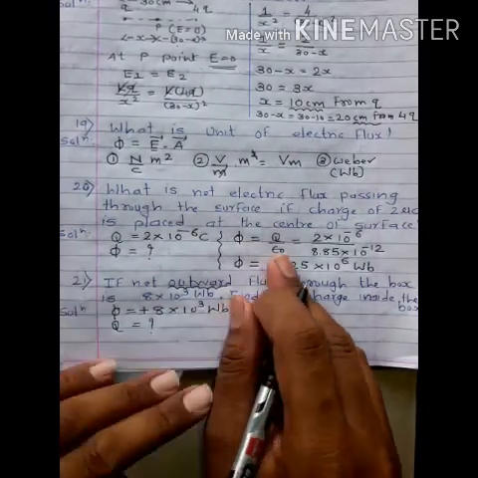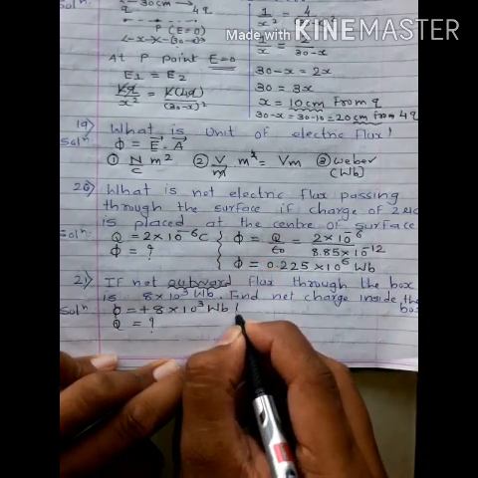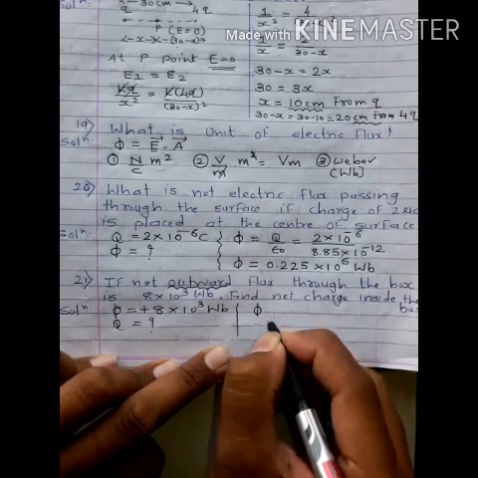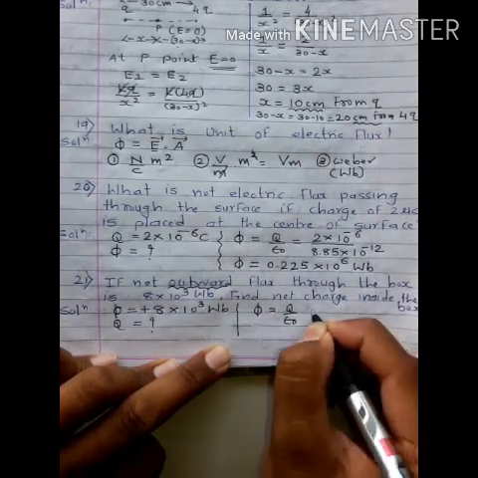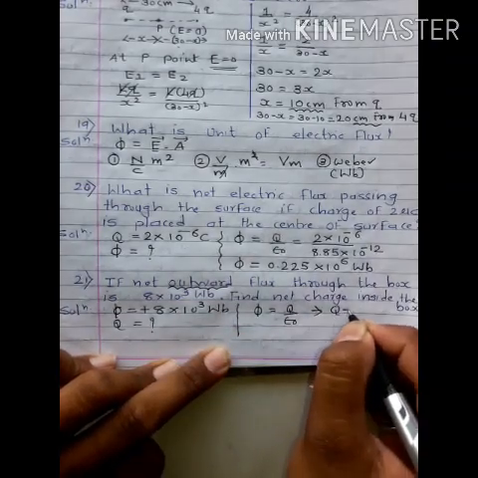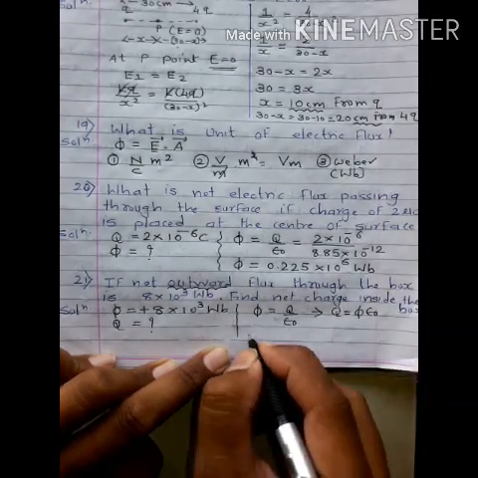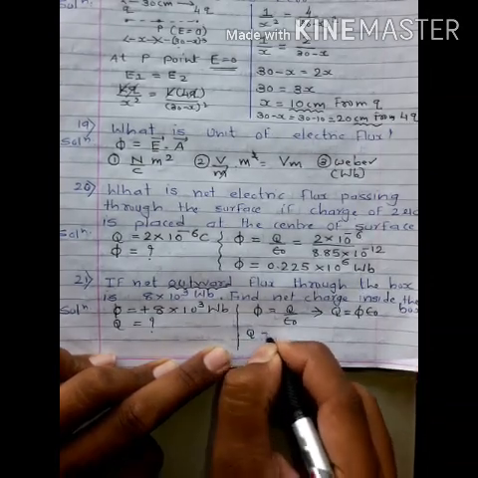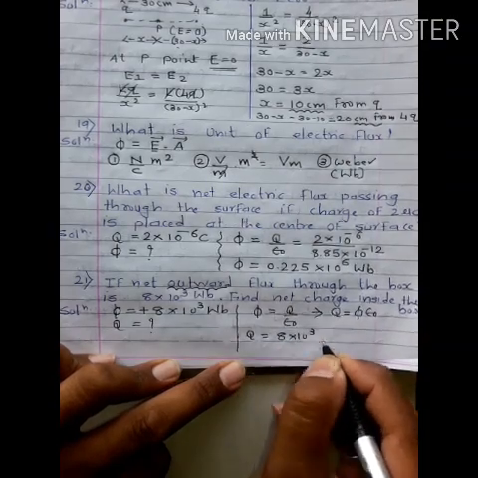Again we use our standard equation, Gauss law for electric flux. So use this equation: phi is equal to Q upon epsilon 0. We want the value of Q, so here we make the equation for Q. Q is equal to phi into epsilon 0. Substitute all values. Phi is 8 into 10 raised to 3.